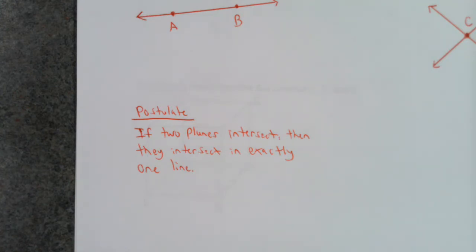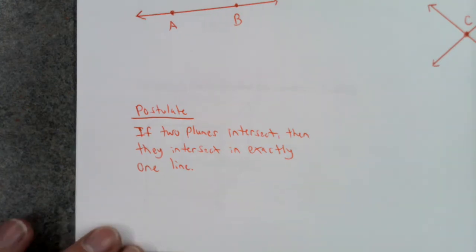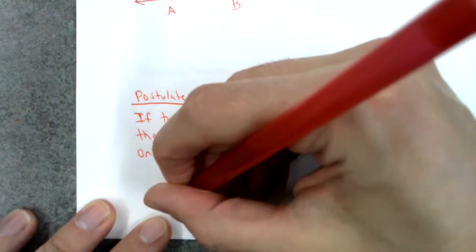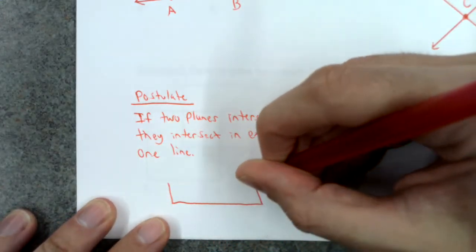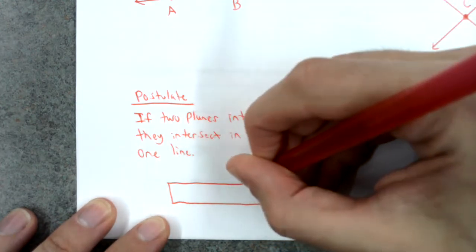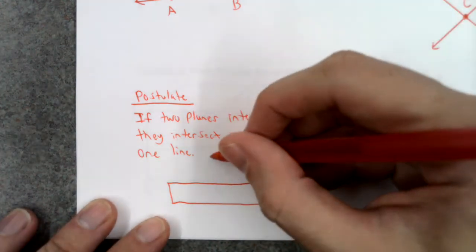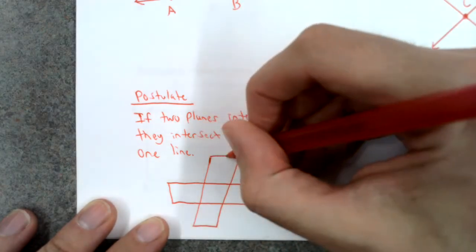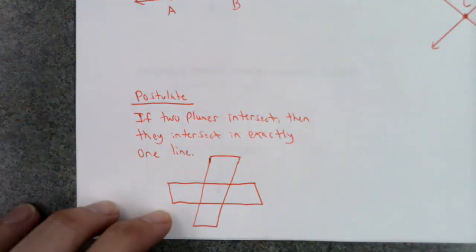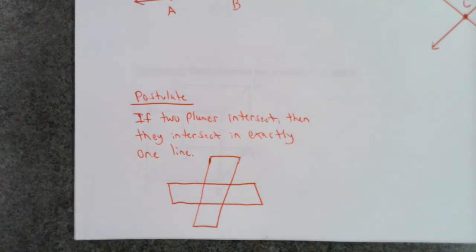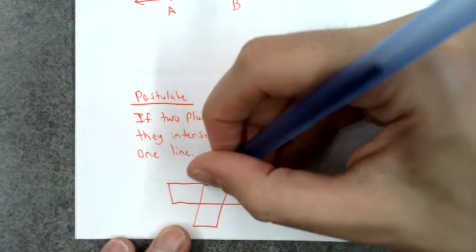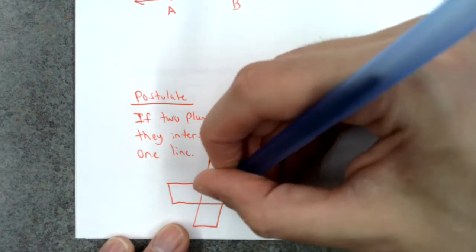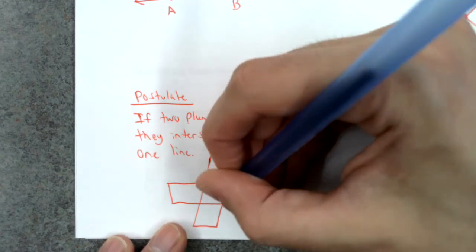But if two planes do intersect, then they always intersect at a line. So I'm going to try to draw a diagram. This is really hard to draw and visualize, but let's say that's a plane. And let's say this is a plane. Planes extend indefinitely. So they intersect right here, which is a line because it's going to extend forever in each direction.